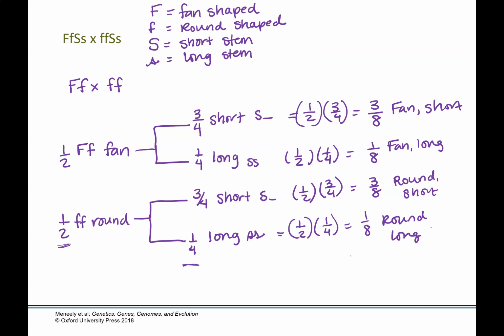You can write out your branch diagram, or you can do the Punnett square. For the test, you may be asked to do one or the other, or you may be given a choice to complete it however you feel comfortable. So make sure that you know how to do both, just in case I specify. If I don't specify how to do it, then you can do it by any method you want, except for copying off the person next to you.